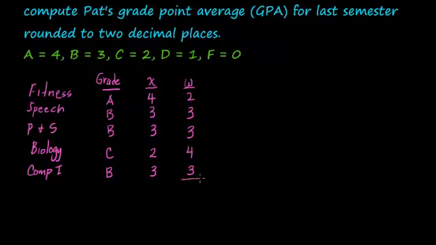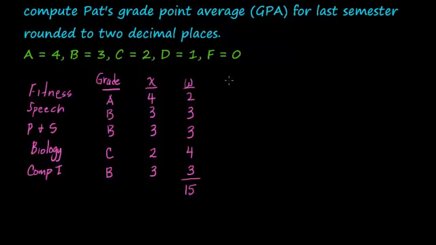So we could sum this column to get the total number of hours Pat took last semester. 2 plus 3 is 5, plus 3 is 8, plus 4 is 12, plus 3 is 15. So he took 15 hours, but they were different weighted courses. A 2-hour course, two 3-hour courses, and a 4-hour course.